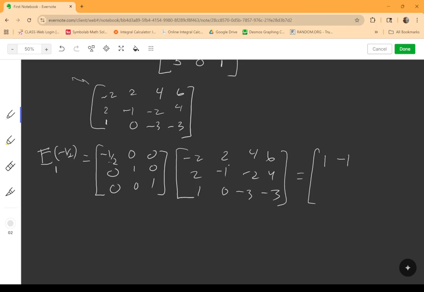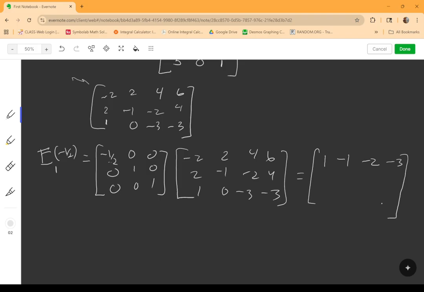All the other ones get zeroed out, right? And you start to see how this works. So -1, still in the first row. Now in the third column, -1/2 times 4 is -2, plus the rest are 0, 0, 0. And then the last column, -6 multiplied by -1/2 is 3, and then the rest gets zeroed out.